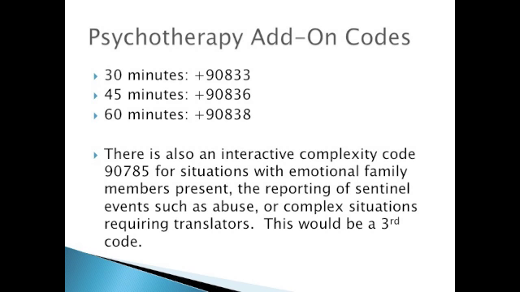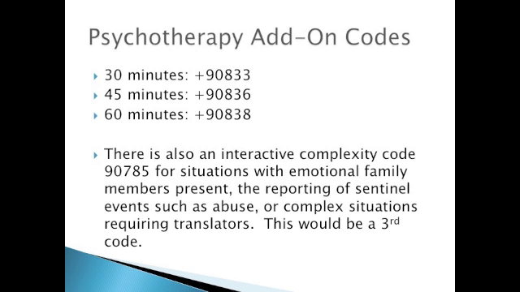Okay, so psychotherapy as an add-on code has a different number, and remember you need to use the plus sign. 30 minutes is +90833, 45 minutes is +90836, and 60 minutes is +90838, with the interactive complexity code 90785 for situations with emotional family members present, the reporting of a sentinel event such as abuse, or complex situations requiring translators, but I was told last night that the translator issue is a little stickier.